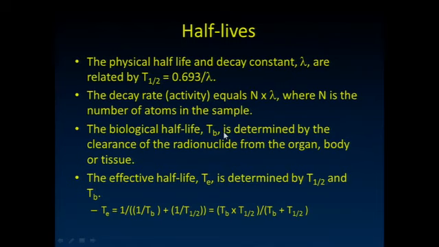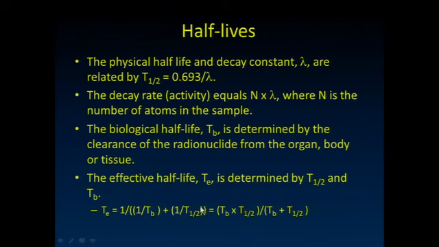And so their true effective half-life is really determined by both the biologic half-life and their physical half-life. So how quickly do we eliminate it from our system in addition to how quick it's decaying? And of course, the effective half-life is always going to be less than both the biologic half-life and the physical half-life. And if you want to calculate that, it's fairly straightforward. If you multiply those two half-lives together and divide by their sum, that will give you the effective half-life.